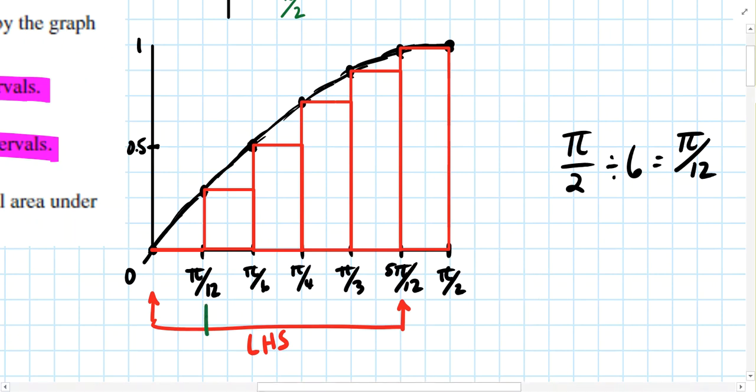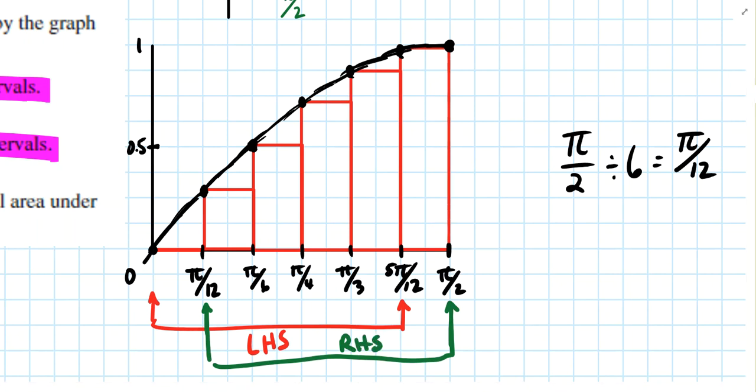Now our right-hand sums start at this second data point and they go up to the very last one. That's how we're going to obtain our right-hand sum. And if I was drawing rectangles based on the right-hand data points, they would look something like this.